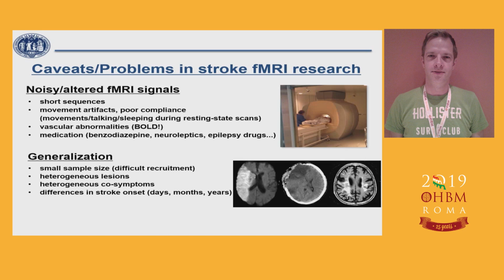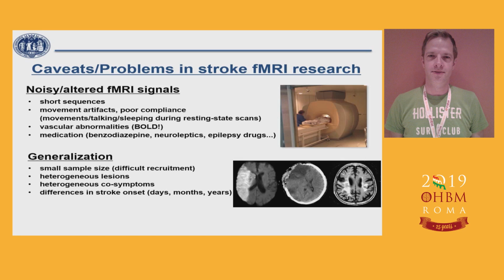But even more problematic, and not so much considered in studies, is that they usually have a number of co-symptoms, because patients are usually selected based on one criterion, for example, motor weakness or maybe aphasia. But patients usually have multiple symptoms like motor weakness and aphasia, motor symptoms and neglect, or even motor symptoms, aphasia and neglect. And this is often not really well modeled in these data because you do not look at it.